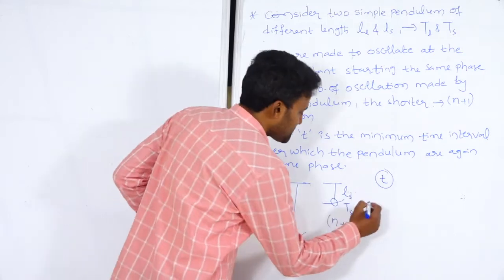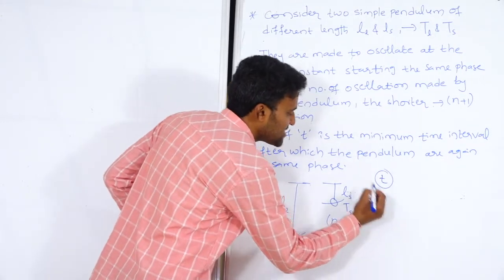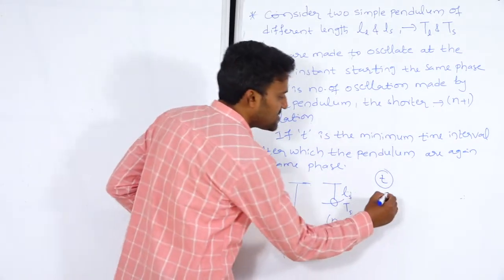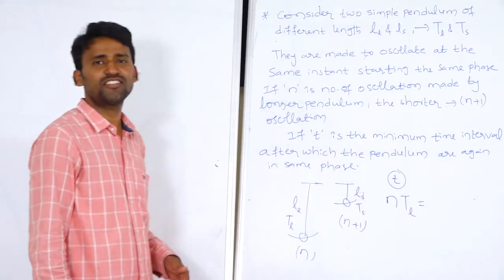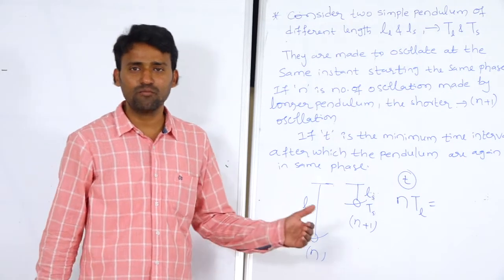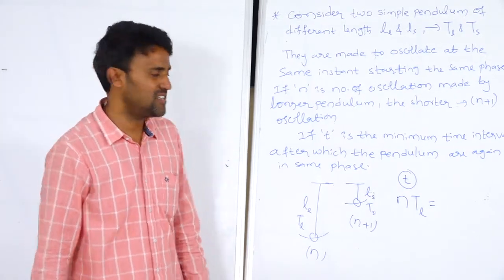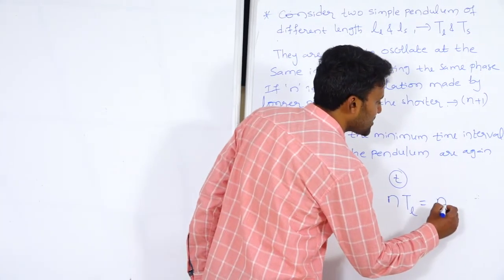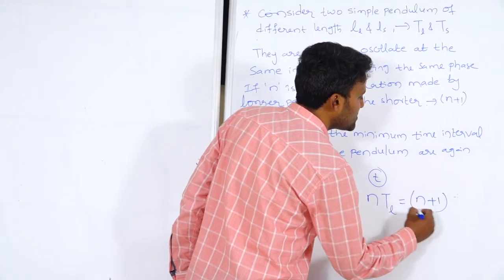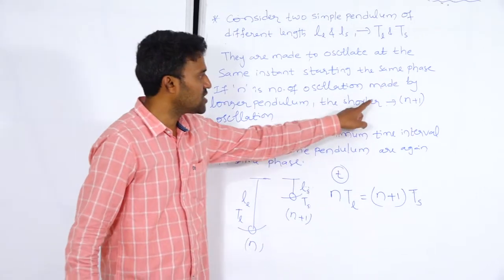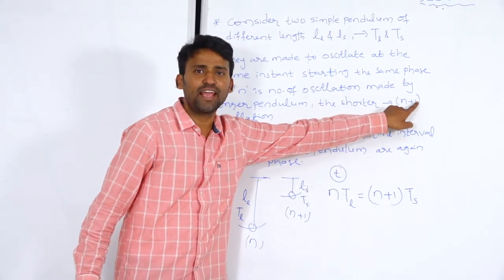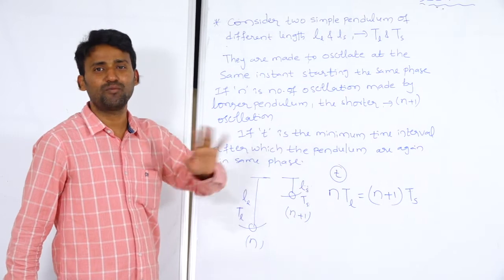I am writing: the number of oscillations done by the longer pendulum, n, into TL. And the number of oscillations done by the shorter pendulum, n plus 1, into TS. See here, they have given that the shorter pendulum's number of oscillations is n plus 1 in the t time interval.